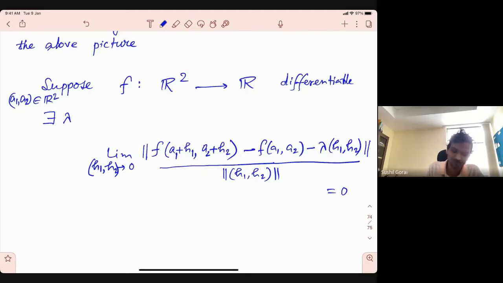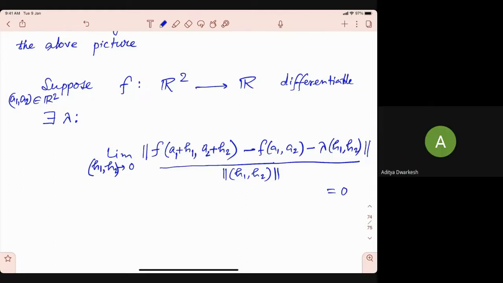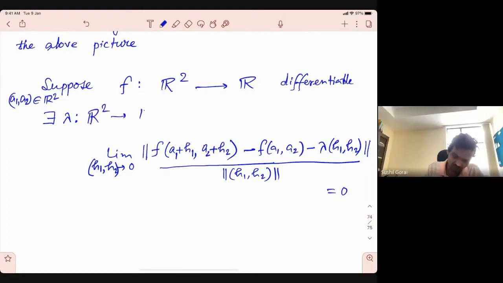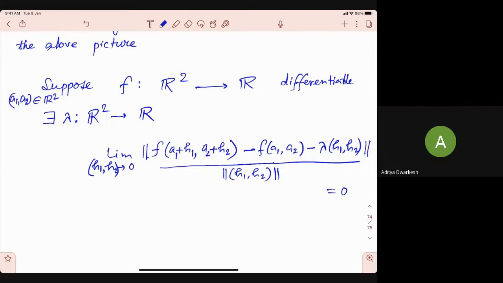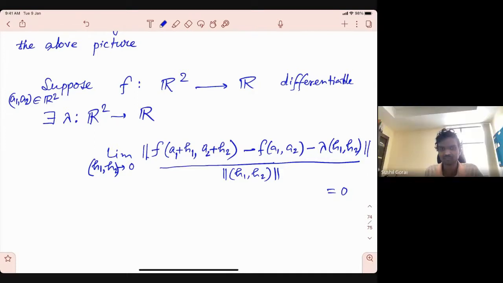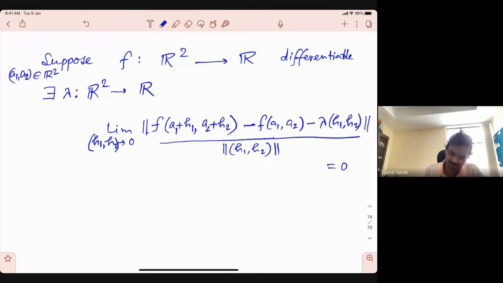The point is you have not mentioned what the linear transformation is from where to where. It should be from R squared to R, right, from R2 to R. So here the norm part is actually unimportant because you are getting numbers. All right. Okay, very good.